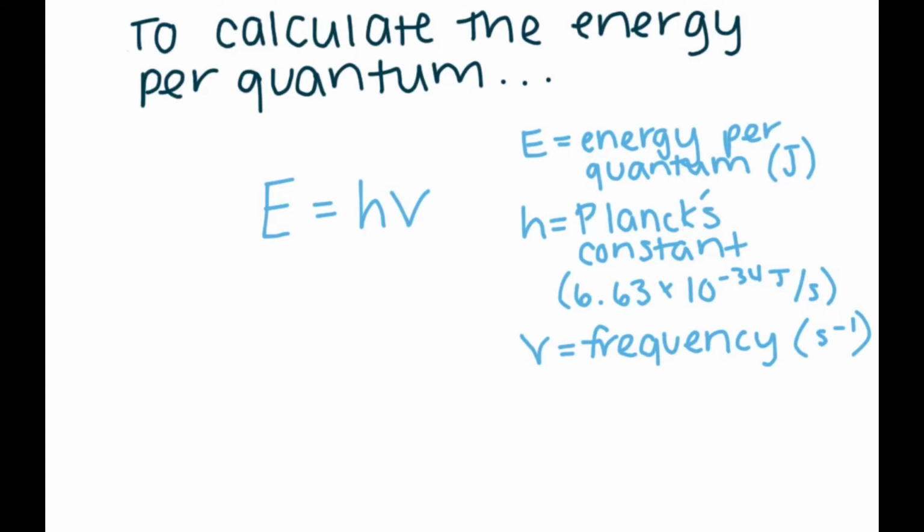And just like with our previous equation, we can manipulate it so that if we were given the E and were asked to find v, we could divide by Planck's constant and end up with v equals E over h to solve for the frequency.